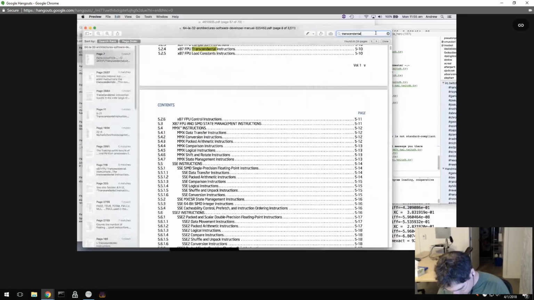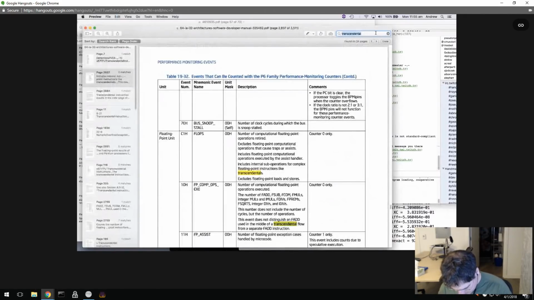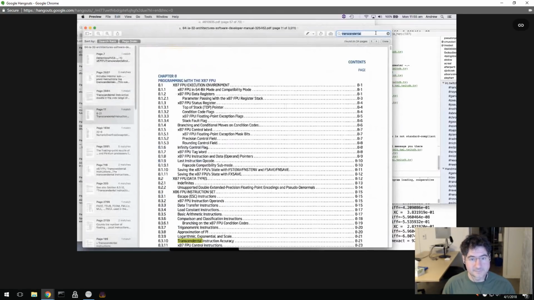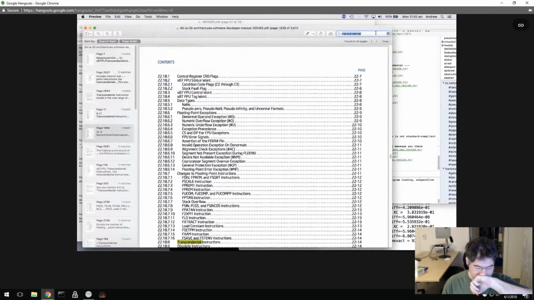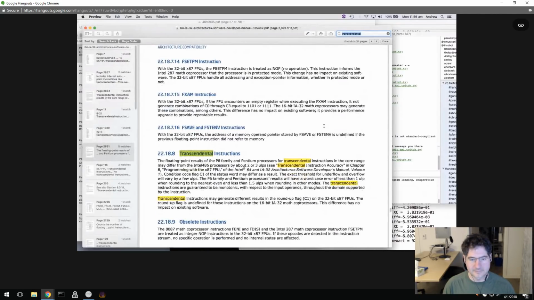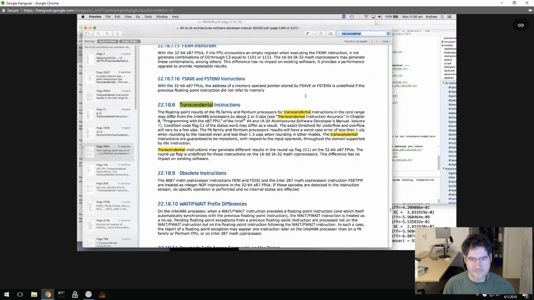But x87, the old one, actually has a sine implementation. Incidentally, there's something here in the software development manual that I want to read out to you, because this is very important. I will just find it.